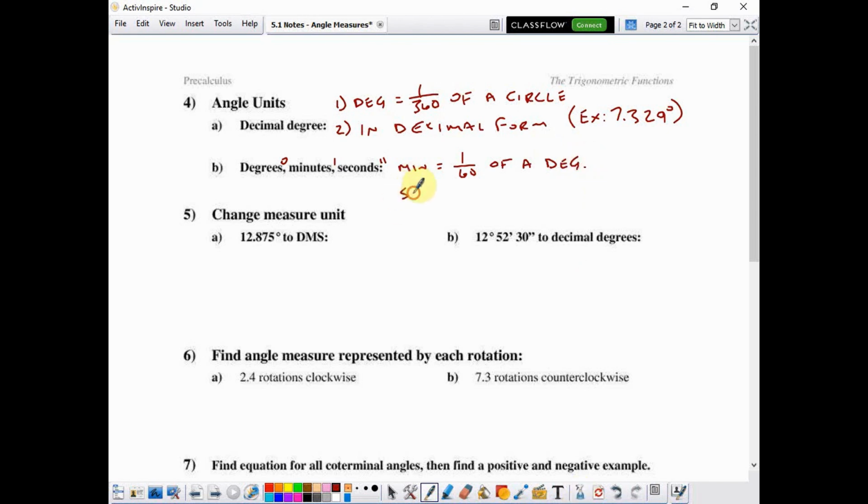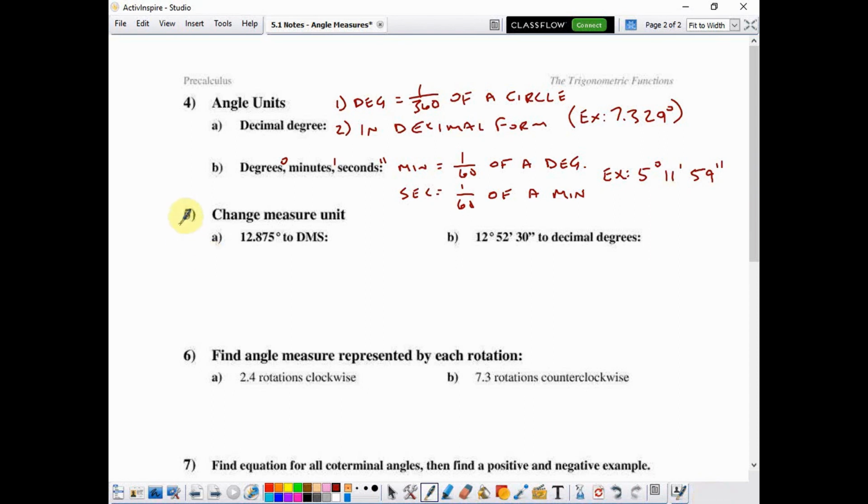A second is 1/60th of a minute. So in degrees, minutes, seconds, you might have something like 5 degrees, 11 minutes, 59 seconds. You can have decimals here in the seconds, but you'll never have decimals in the degrees and minutes.